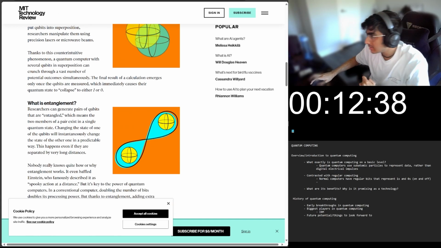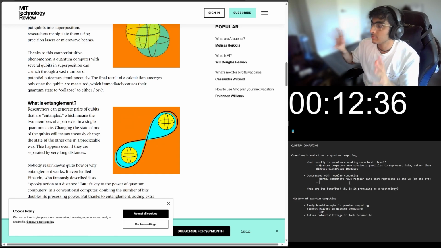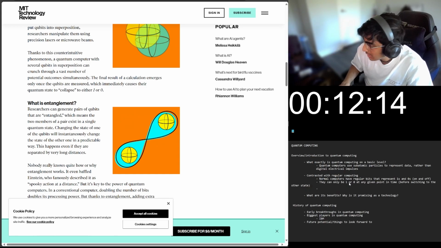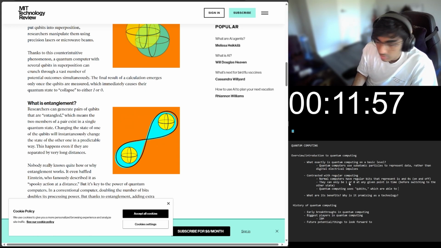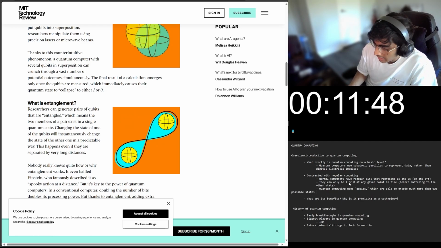Okay, I'll write about this over here. Normal computers have regular bits representing ones and zeros. In contrast, with quantum computing you have qubits, which are able to encode much more than two possible states into each individual unit.